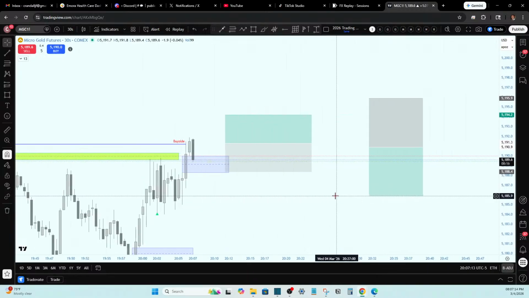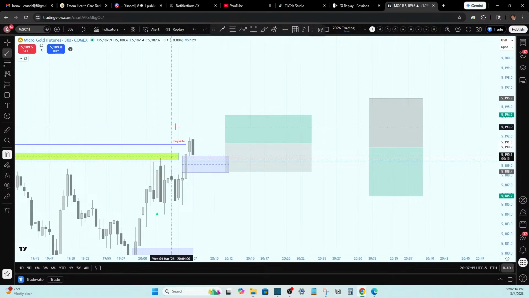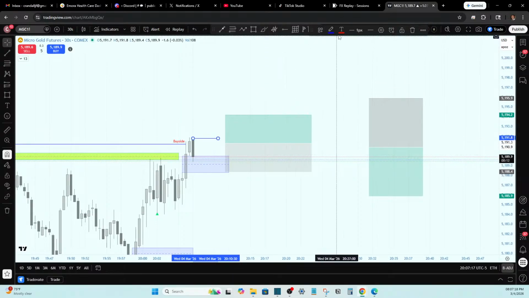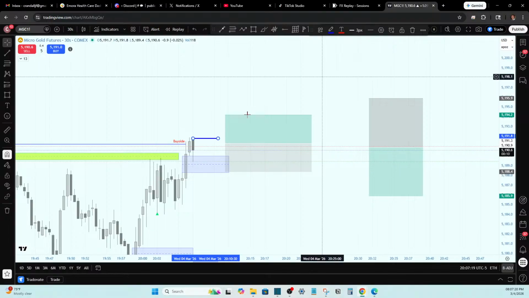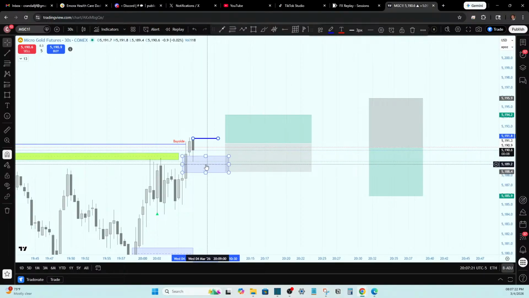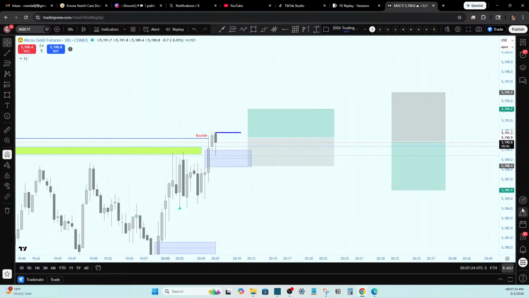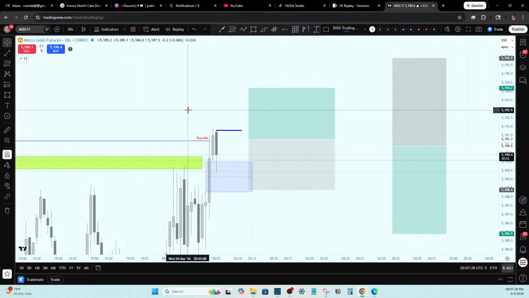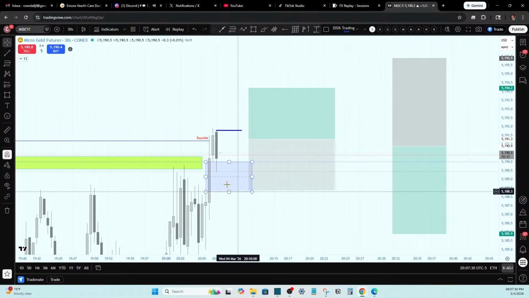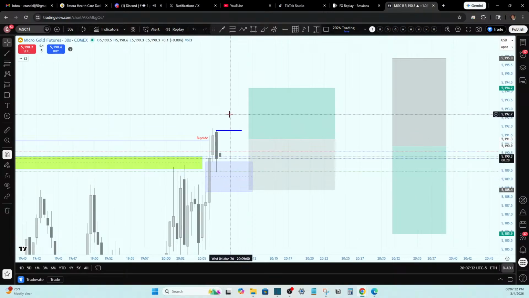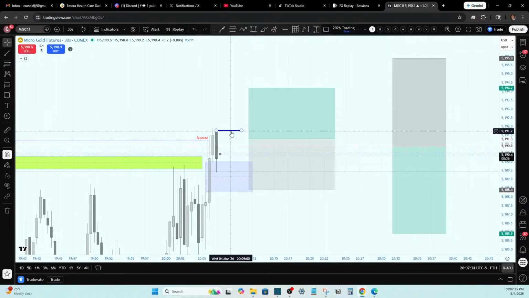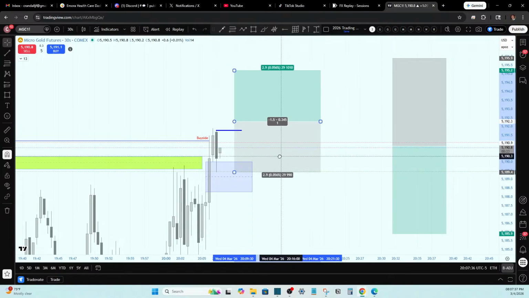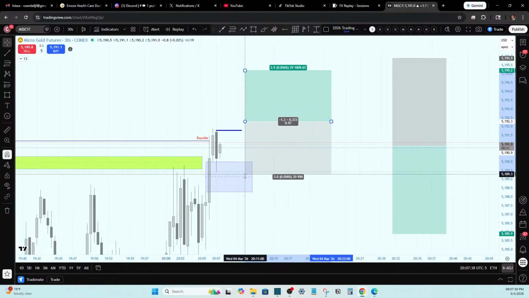Okay, here we go. Let's see. Can't close below 50% of the fair value gap. Wicks are fine, just can't close below. So this is kind of how I set that up.